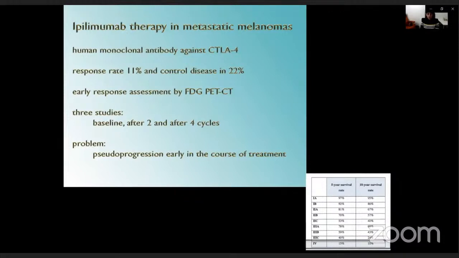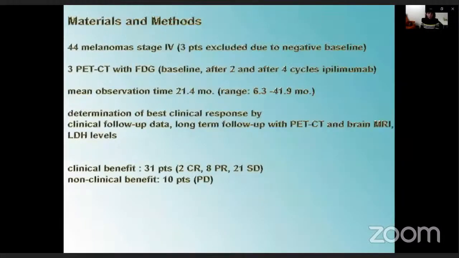Another question was how much is the percentage of pseudoprogression, because at that time it was believed that pseudoprogression is a very important limitation for doing FDG PET-CT, but our results did not support this suggestion.